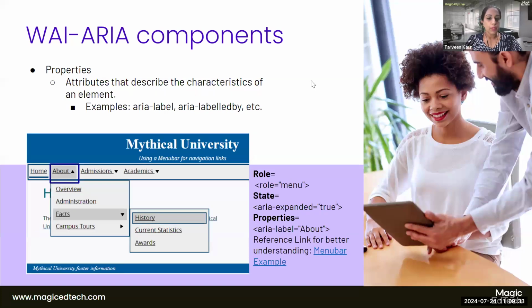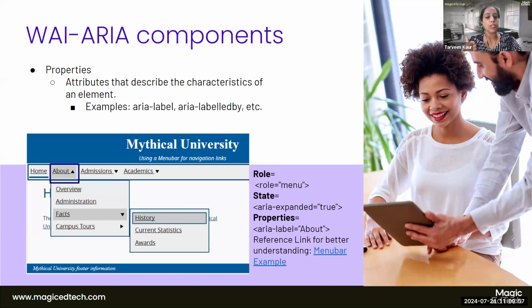Next one is properties. What exactly is properties is where we know what is the label, labeled by, what is the description, how I need to associate or perceive the information between the menu where the list items are being defined. So in this example, now I have expanded the about menu and I am at about.